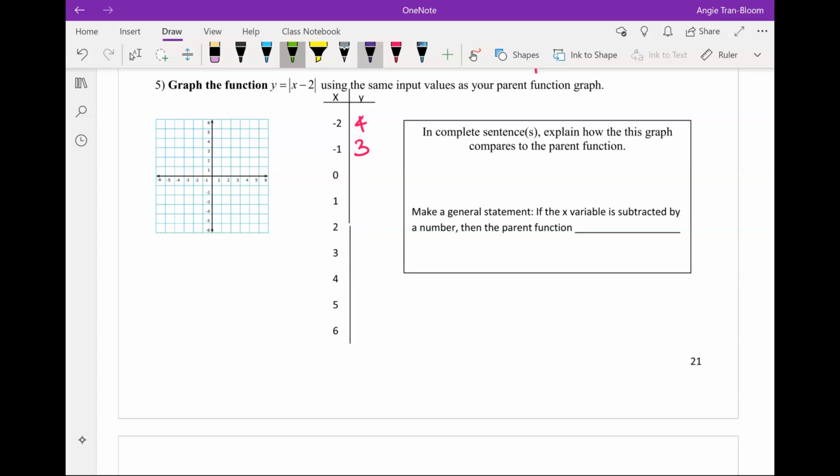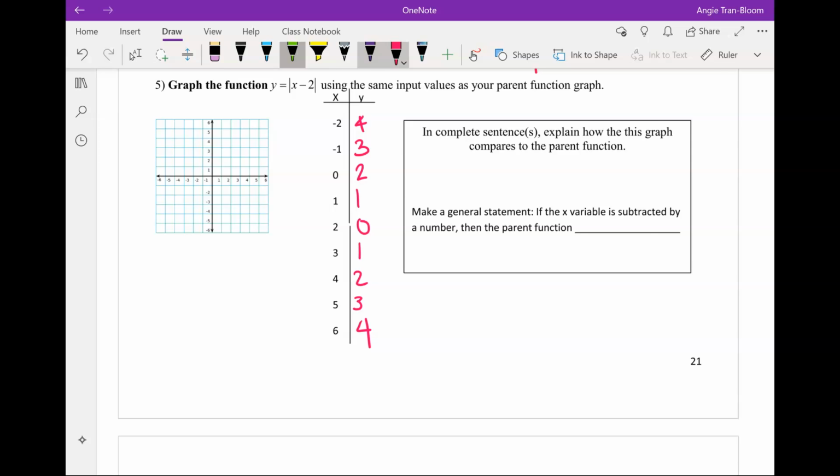I'm sorry, okay. 4, 3, okay, 4, 3, what else? Sophia? 2, what else? 1, what else? 0, what else? 1, 2, 3, 4. Class, do you subtract the 2 first, then take the absolute value? Yes. You have to do the inner first, okay?